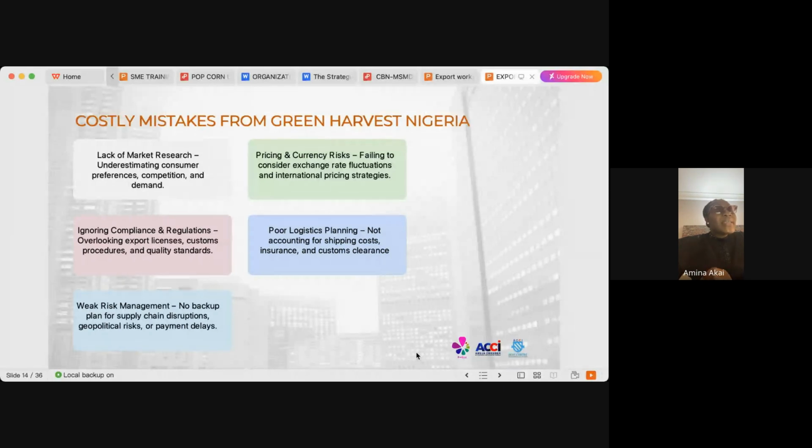Then pricing and currency risks, failing to consider exchange rate fluctuations and international pricing strategies. Well, you know, sometimes we forget to put custom duties, logistics, and all. And there are lots of countries you have to agree. Well, we'll do that in the physical meetings where you have Incoterms and then the rest of it.